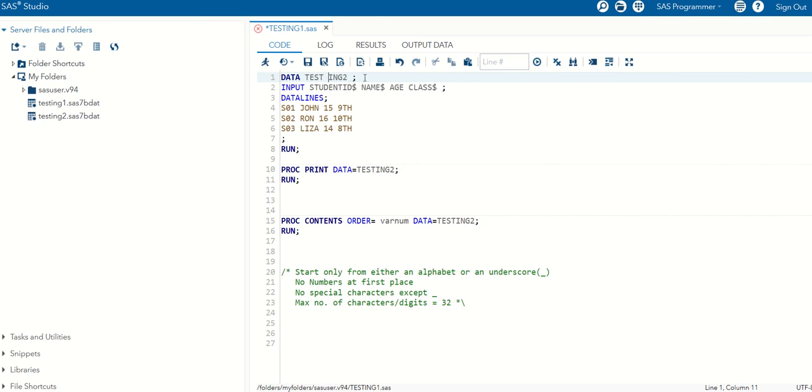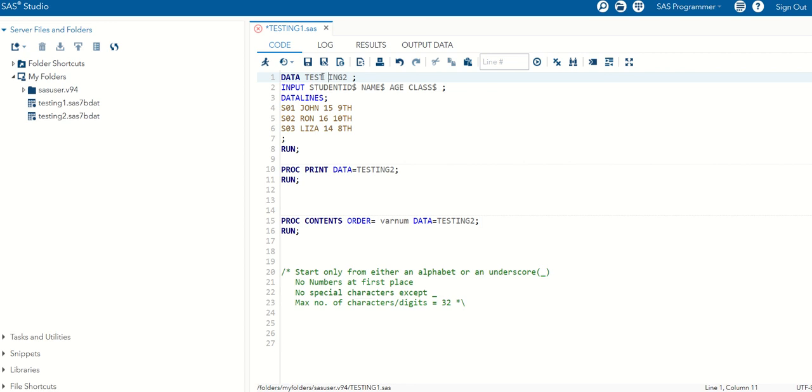In fact it will create two data sets by the names of these two, test and ing2. By the space, SAS will understand that we are trying to make two data sets with the same data but with different names. So space tells SAS that these are two different names separated by space, so we want two data sets.